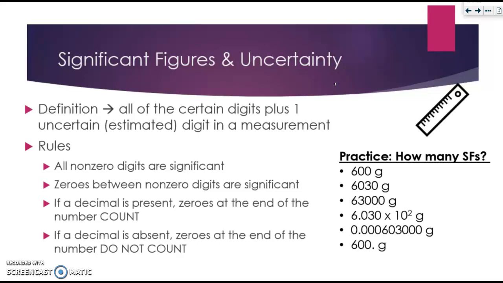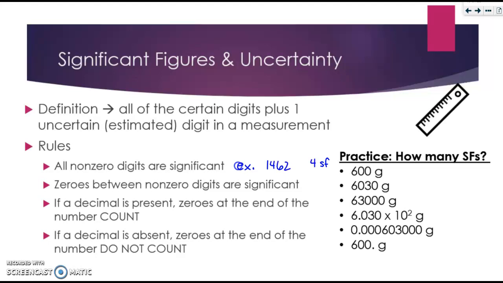You are going to want to remember these rules for the entire semester. The first rule says that all non-zero digits are significant. For example, if I gave you this number, there are 4 digits in that number, and none of them are zeros. So you would tell me that this was 4 significant figures.